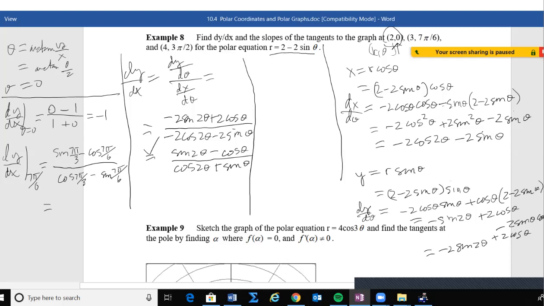7 pi over 3 is the same as pi over 3, so the sine would be root 3 over 2. And the cosine of 7 pi over 6 is way over there. It's a minus negative root 3 over 2, so that's a negative. And then down here, again, that's going to be a half.